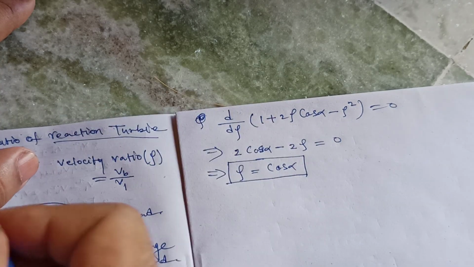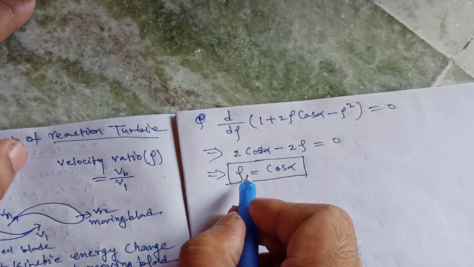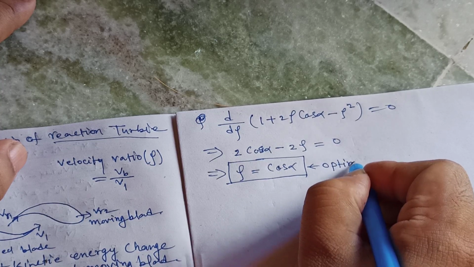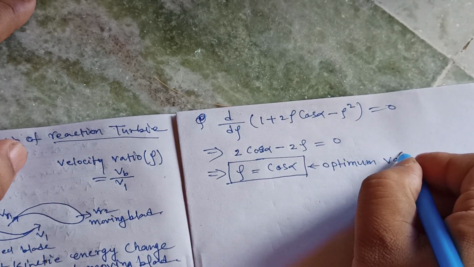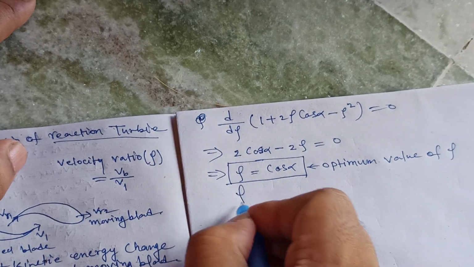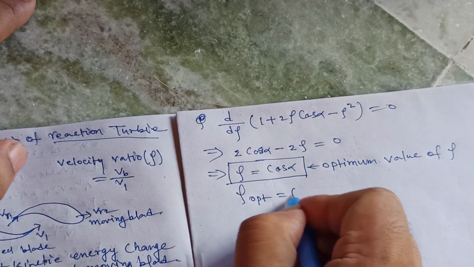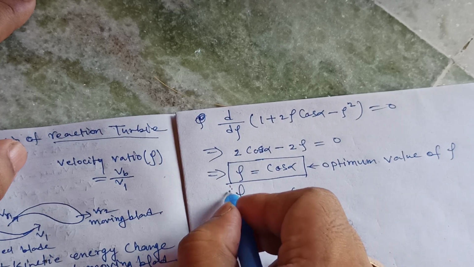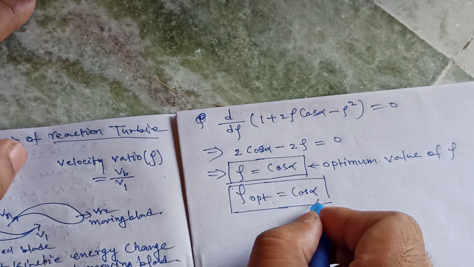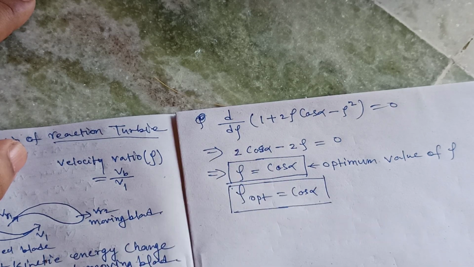This is the optimum value of rho. This rho optimum equals cos alpha. That means if we put this value of rho, then maximum efficiency will be obtained.